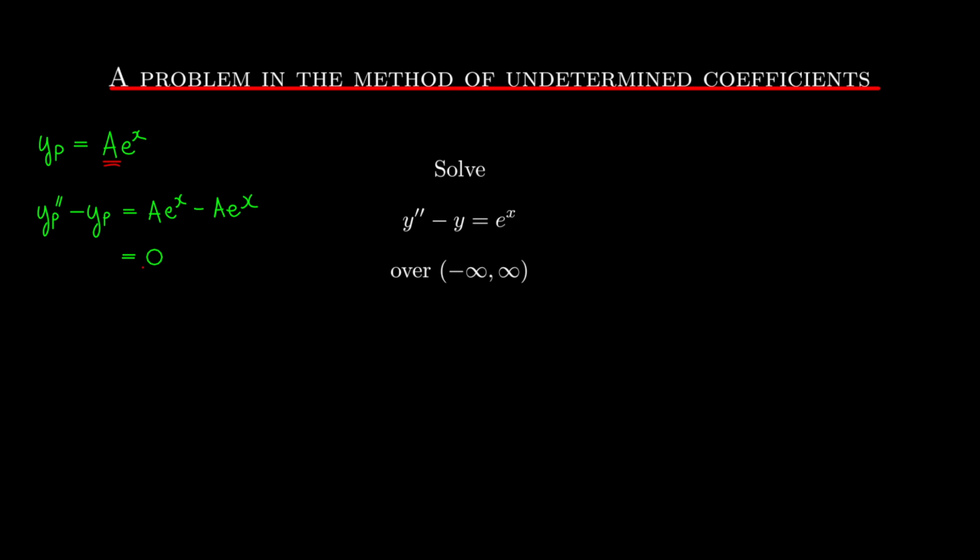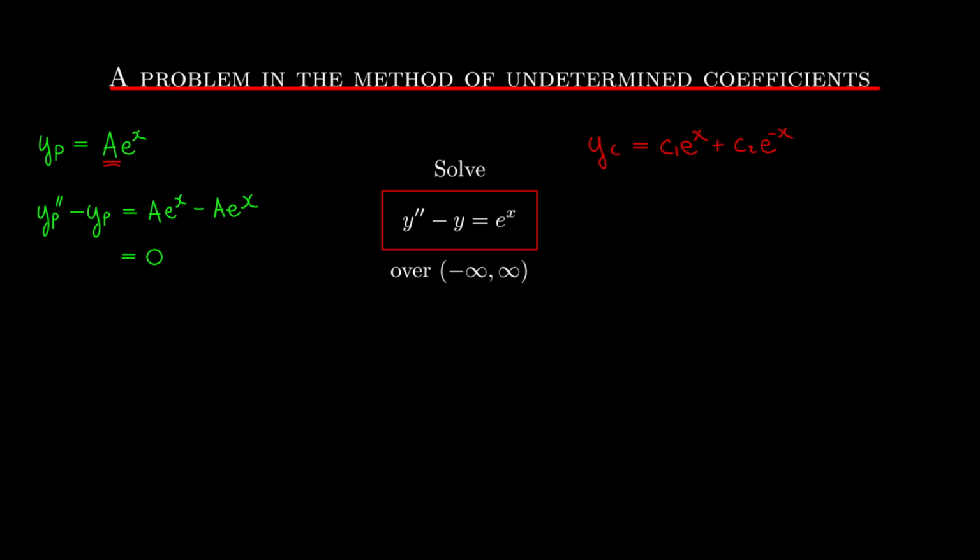And let's try and understand why this broke down. If we look at this differential equation, its complementary function, the general solution to the associated homogeneous equation, is just going to be c1 times e to the x plus c2 times e to the negative x.